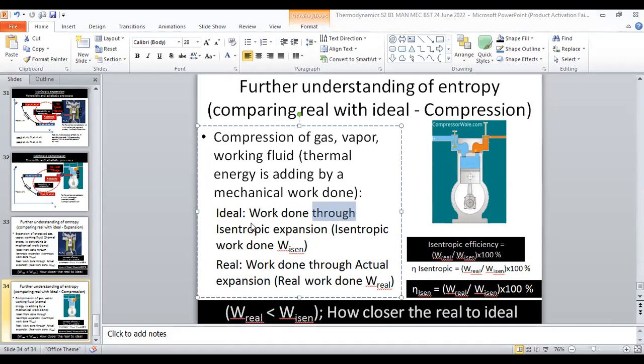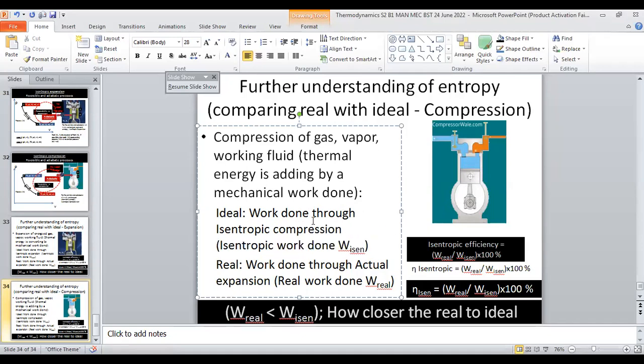So work done through isentropic compression. So not to say work done, but work input here. Okay.